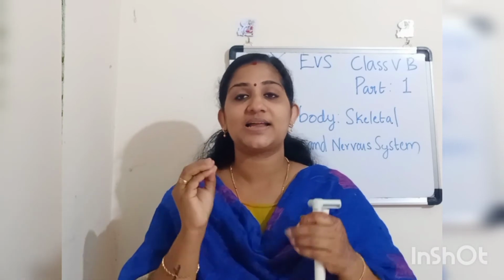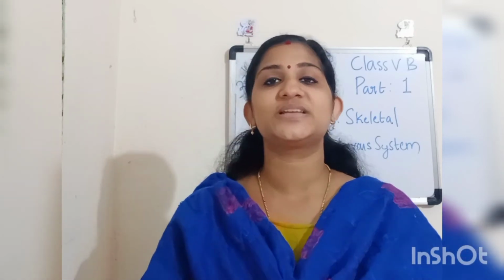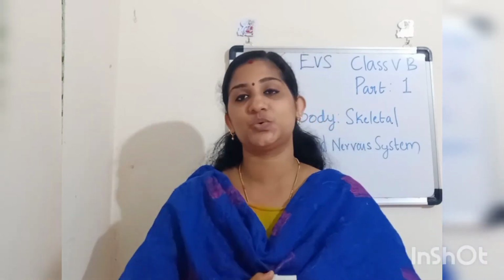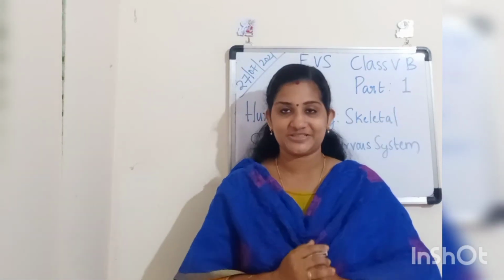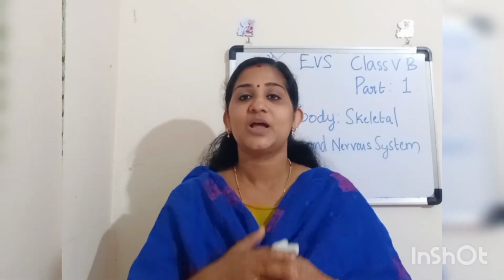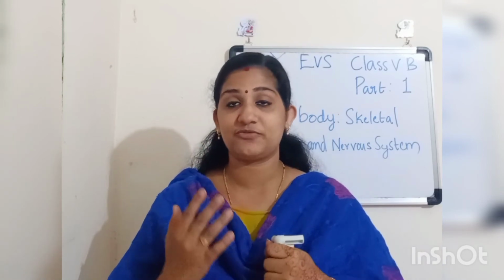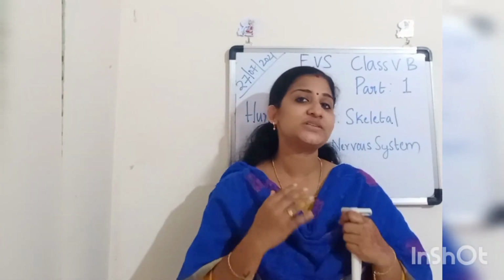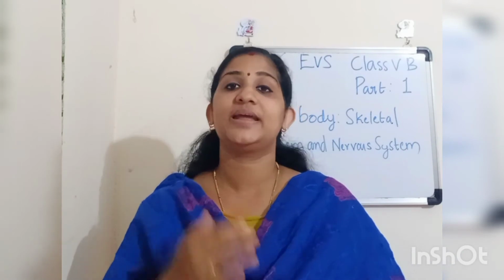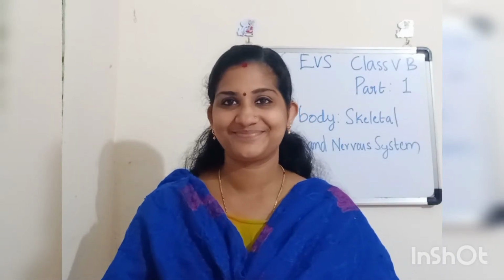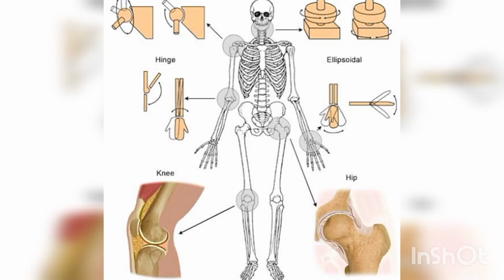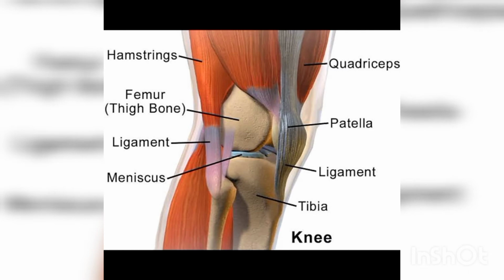The joints are held together by a tissue known as a ligament. So let's discuss the different types of joints and their uses in our body. A joint is the place where two bones meet. It is joined by a tissue called a ligament.